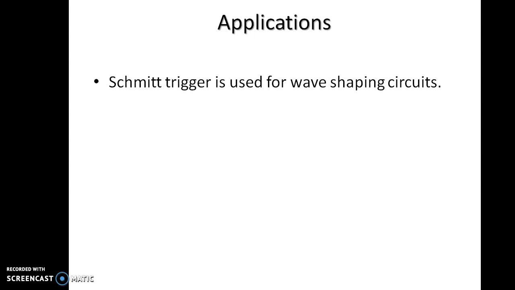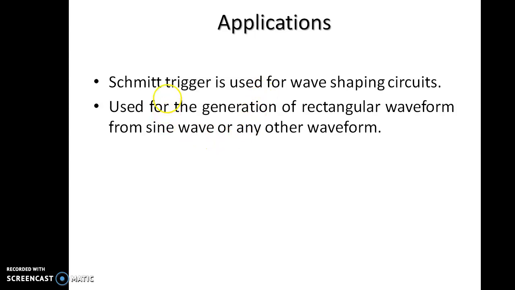Applications of Schmitt trigger. Schmitt trigger is used for wave shaping circuits, and it is used for the generation of rectangular waveform from a sine waveform or any other waveform.